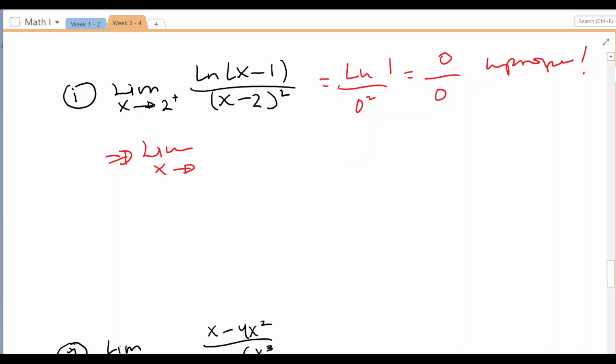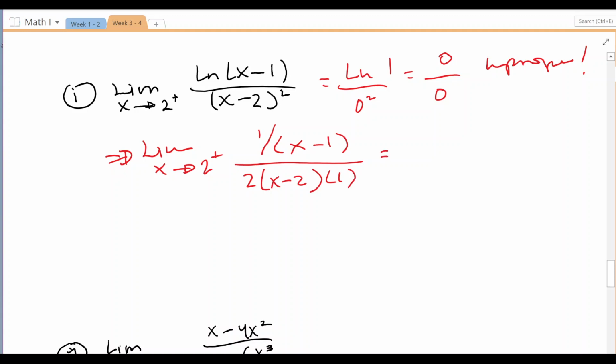This limit, x approaches 2 from the right. The derivative of ln x minus 1 is 1 over x minus 1. So this is 1 over x minus 1 times 1, times the derivative, which is 2 times x minus 2 times 1.